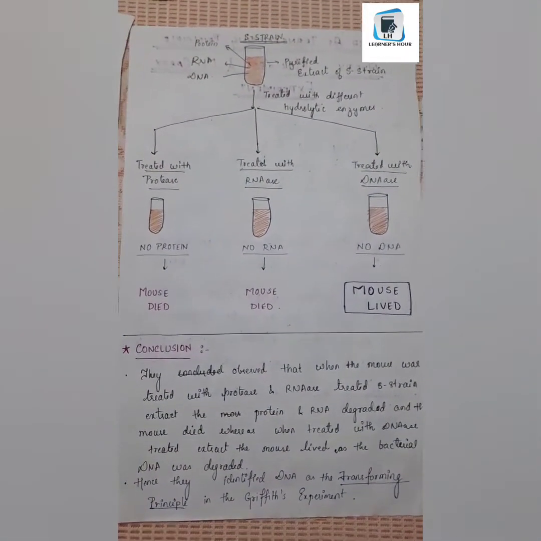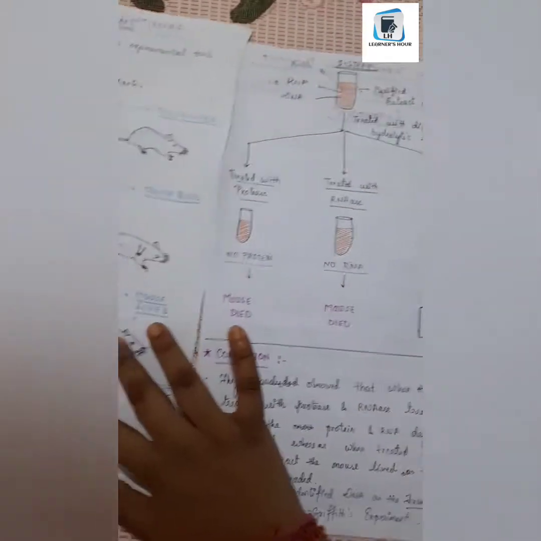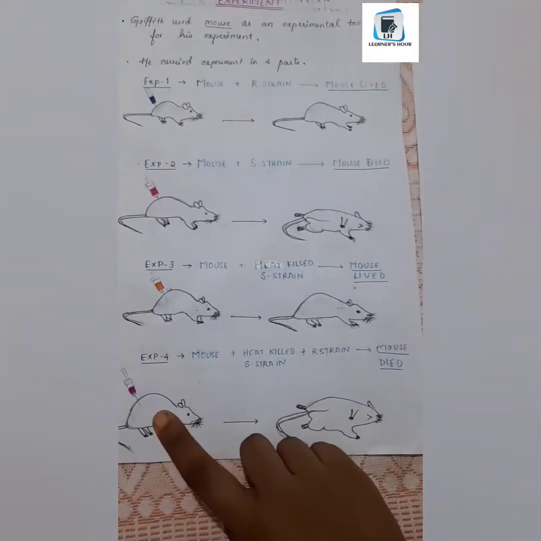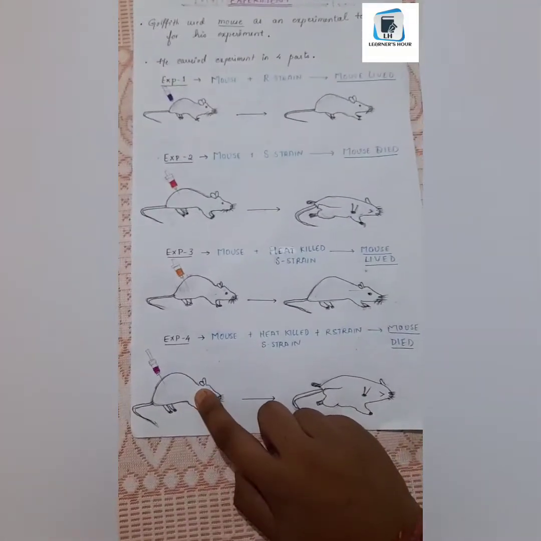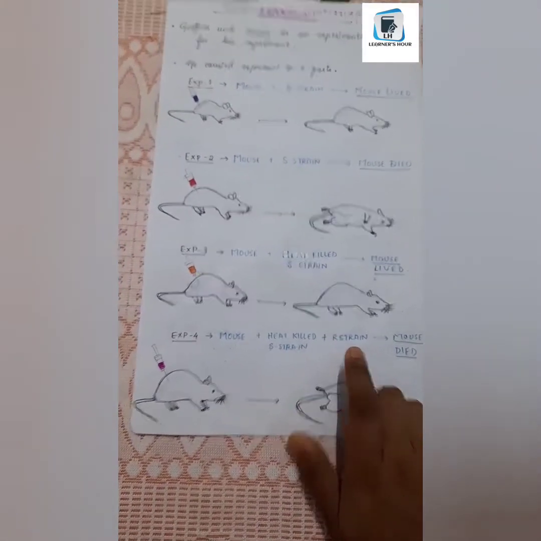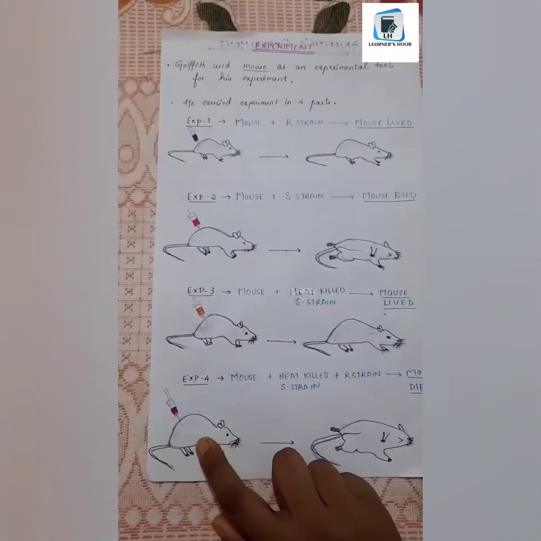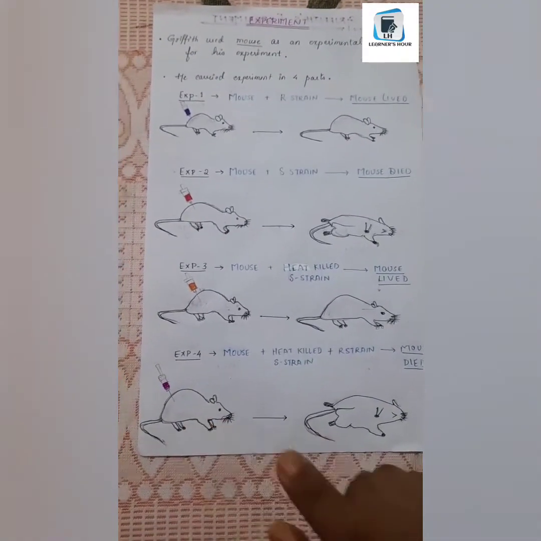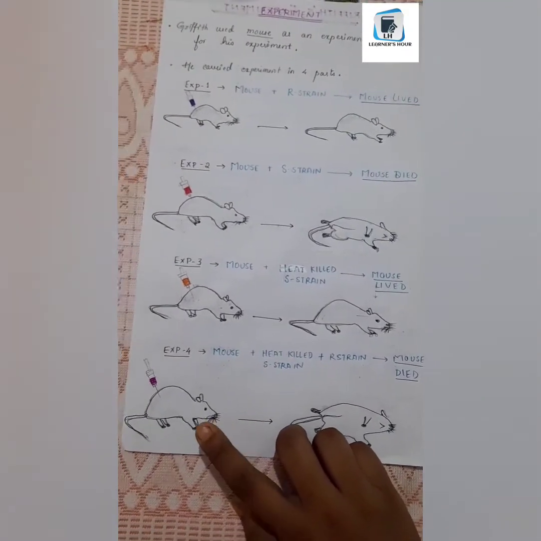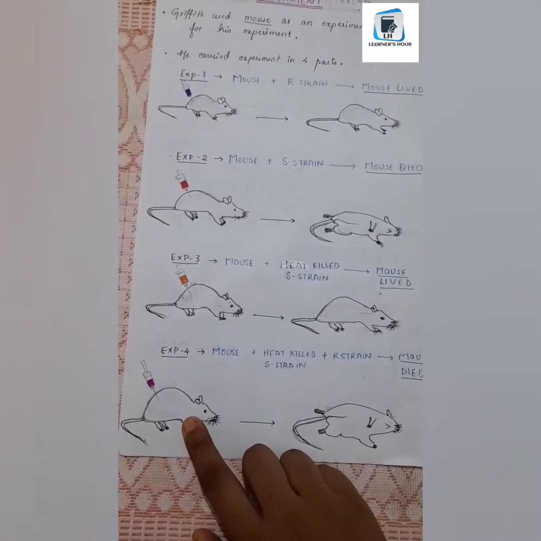To know the answer to why the mouse lived, we come back to our previous video. In that, the mouse contained the heat-killed S strain and R strain. We came to know that in the last mouse of Griffith's experiment, the mouse died because of the transformation that occurred.